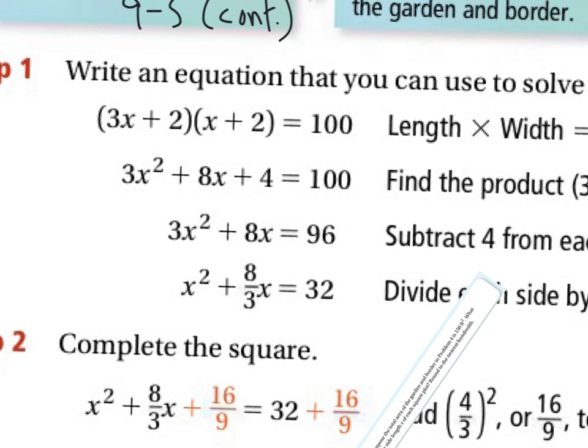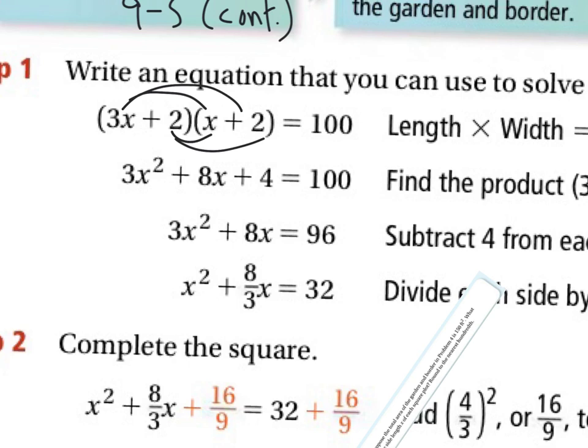And then they went ahead and just FOILed this out. They combined their middle terms and got 3x squared plus 8x plus 4 equals 100. Then they subtracted 4 on both sides.